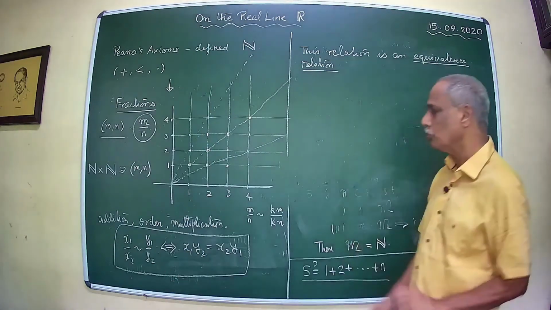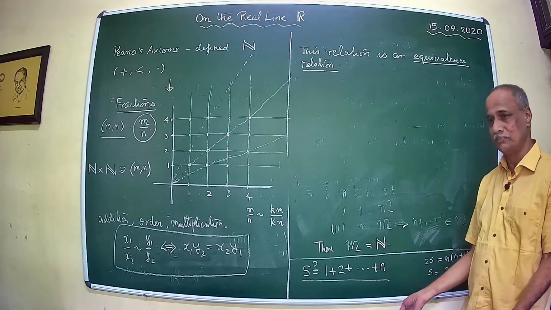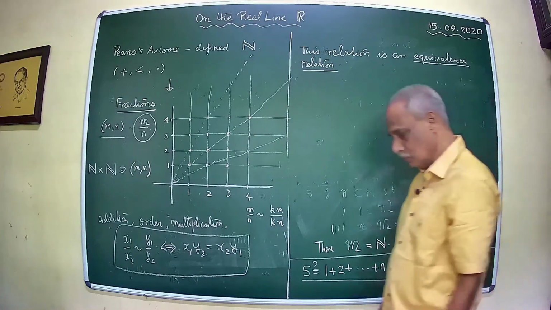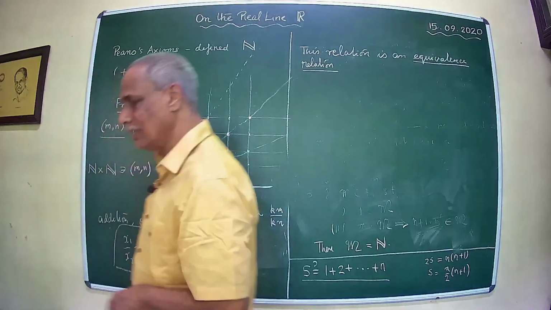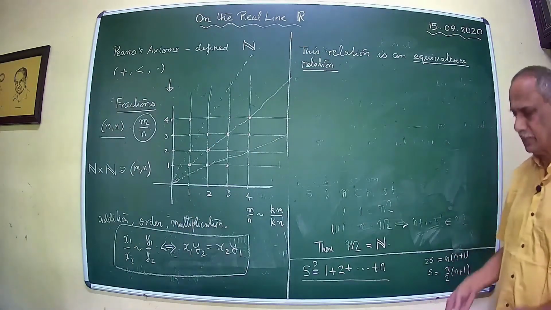So what does it do? It induces a partition. This is one of the theorems that you should look at. Take a non-empty set on which you induce a relation which is an equivalence relation, then you can show that it induces a partition. That's a very general theorem.